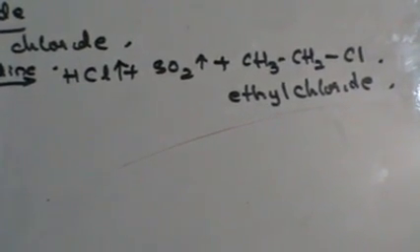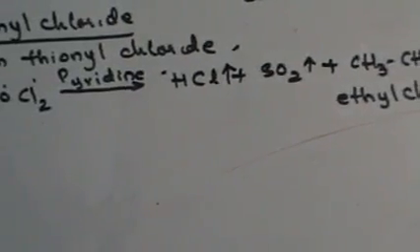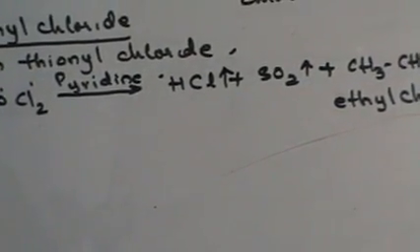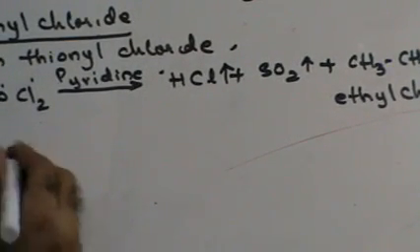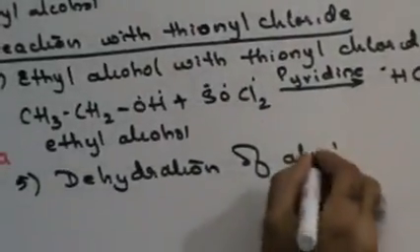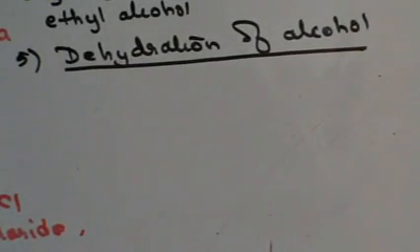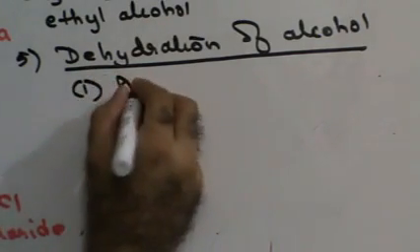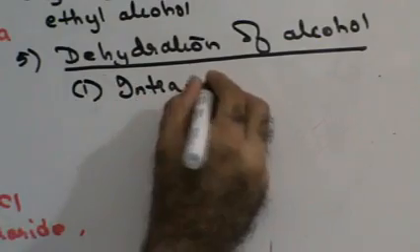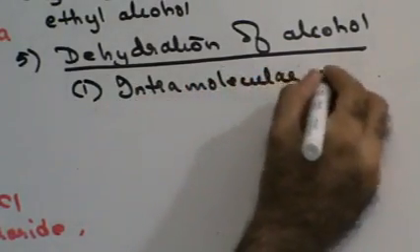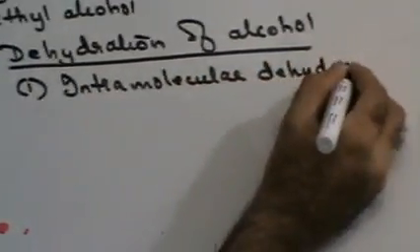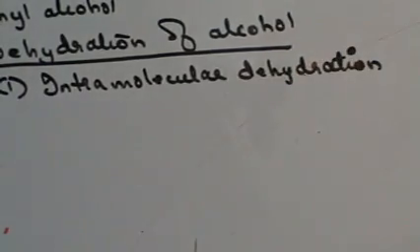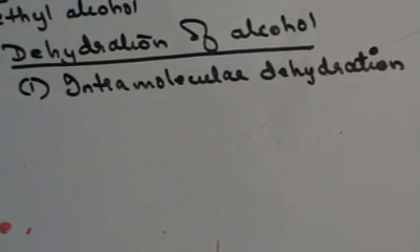Next, let's see dehydration of alcohol. So when we talk about dehydration of alcohol, there are 2 types of dehydration of alcohol. One is called intramolecular dehydration.